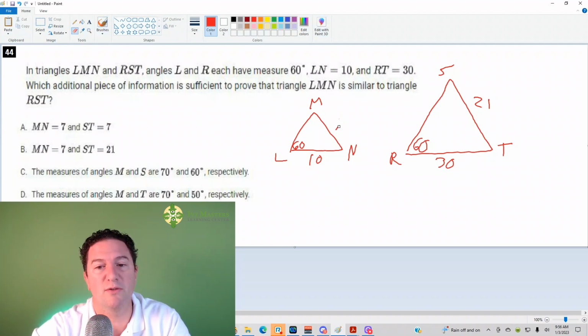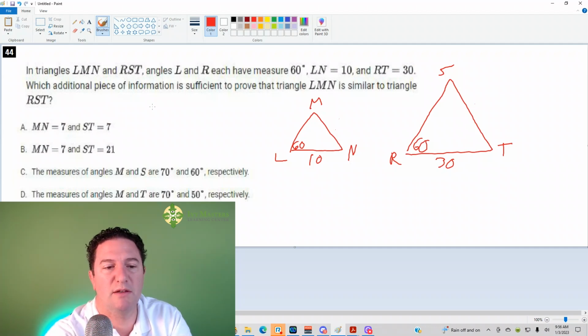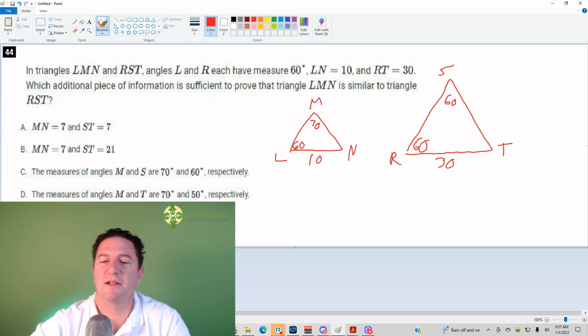I'm going to erase this for now. And we'll look at answer choice C. The measures of M and S are 70 and 60 respectively. So let's see, if M is 70 and S is 60, that's also going to be wrong.